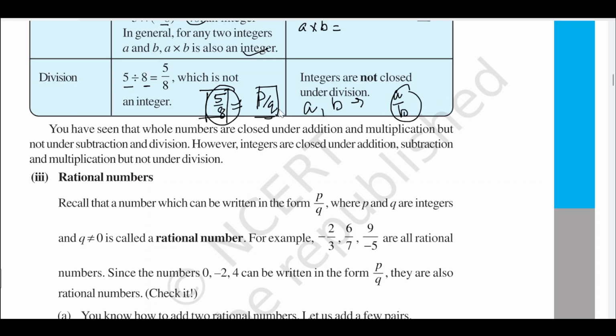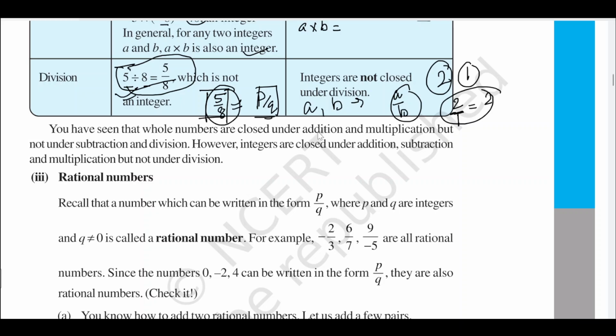Or we take another example, 2 as one integer, 1 as the other integer. We will divide 2 by 1. So in this case, it is following. But in the example we saw, it is not following. So it should follow in all the cases. Then only we can say confidently that it is following that property.